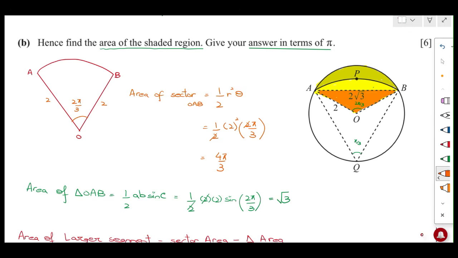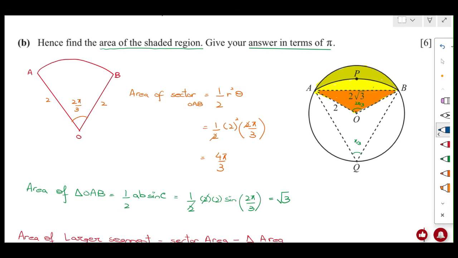Okay, so here you can see that we have ABQ. Look at this triangle. For this triangle, A, B and Q, these three are on the circumference. These 3 points are on the circumference of a circle with the center O, right?